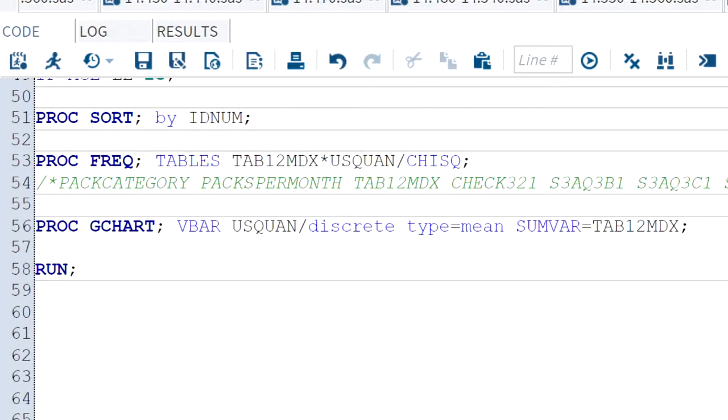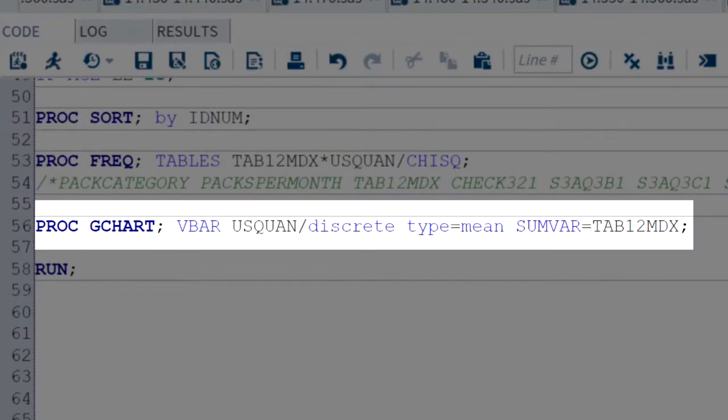To graph these proportions with code, we use the following: PROC GCHART; VBAR USQUAN / DISCRETE TYPE=MEAN SUMVAR=TAB12MDX; We ask for the average, which will give us the proportion of individuals with nicotine dependence, given that this variable is coded 0 and 1.